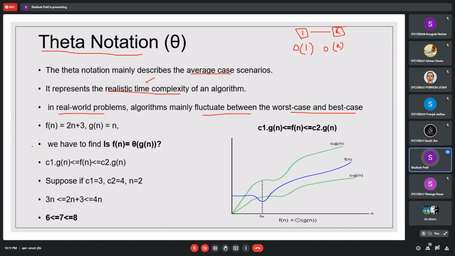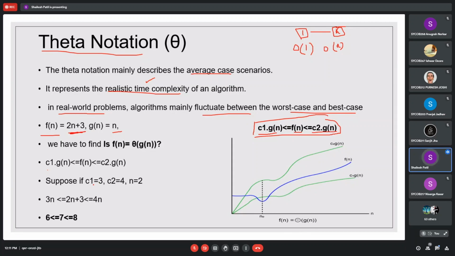For example, if you have taken f of n as 2n, and g of n as n, we can find a relation like this. We take two constants, c1 and c2, such that c1 times g of n is less than or equal to f of n, and f of n is less than or equal to c2 times g of n. Taking the same example, f of n is 2n plus 3.